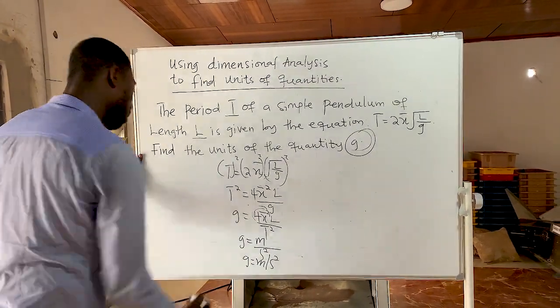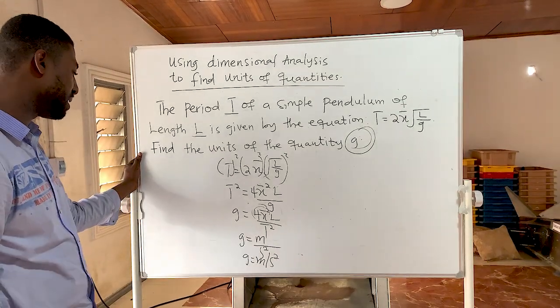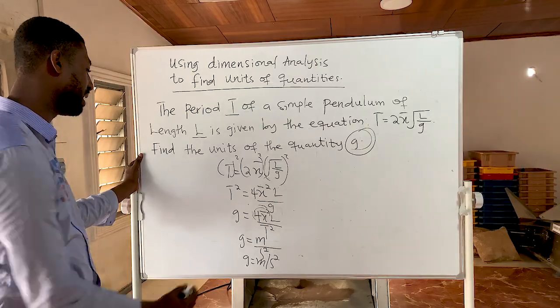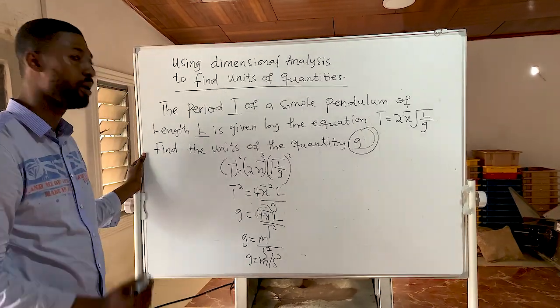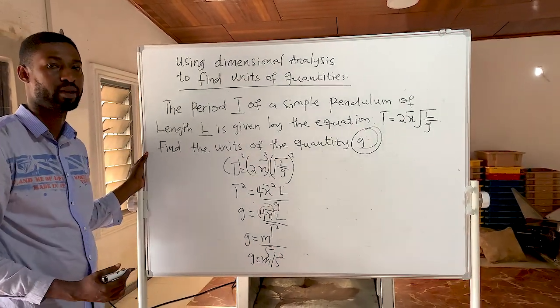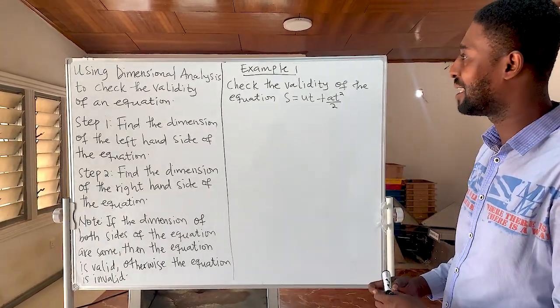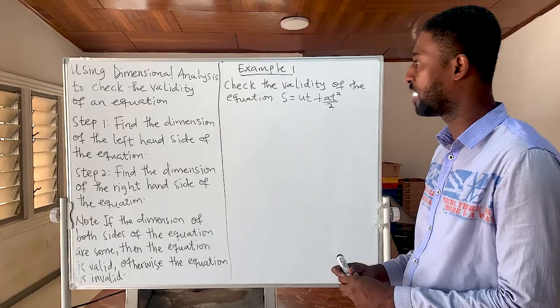So here the unit of J is meter per second squared. So the question is to find the unit of the quantity J, and the unit of the quantity J is meter per second squared.